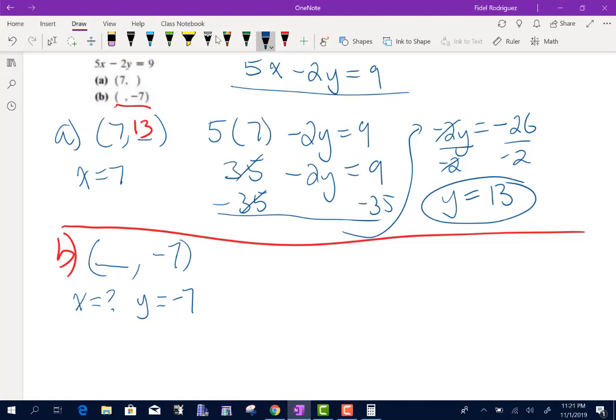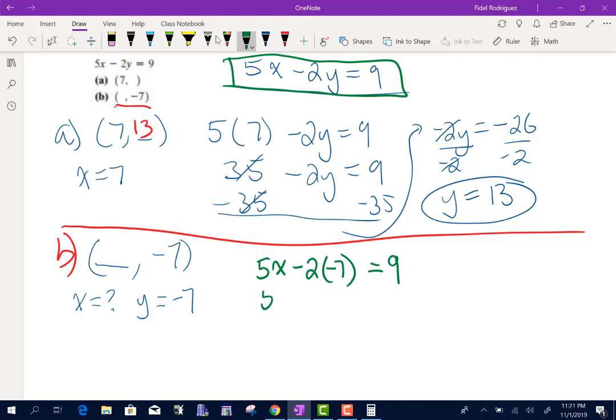Okay, so let's do this. Here's the line that I'm given: 5x minus 2y equals 9. I don't know what x is, so I'm going to leave that alone. 5x minus 2 times y, which is now the number negative 7, is equal to 9. So 5x, 2 times negative 7 should be a positive 14, equals 9.